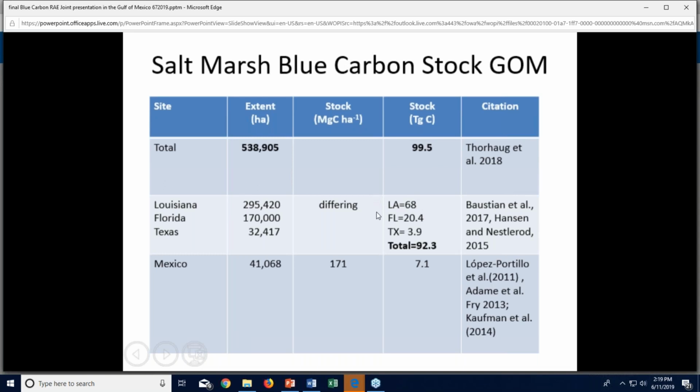In terms of the carbon stock, Louisiana has by far the largest carbon stock, and Florida about a third of the Louisiana stock. Mexico does not have a high number of marshes, nor does it have a high stock. And this is being done by three Mexican investigators, Lopez-Portillo group and the Adame group and the Kaufman and Silvera group.